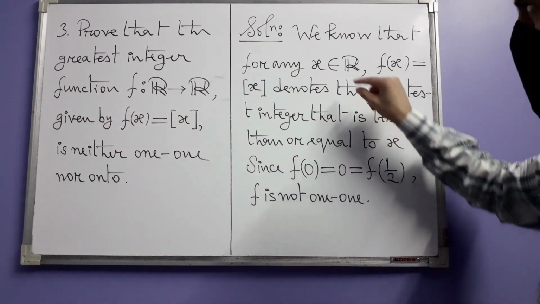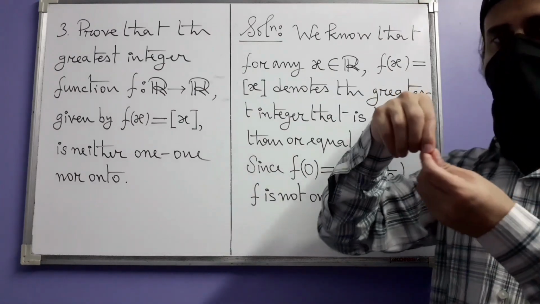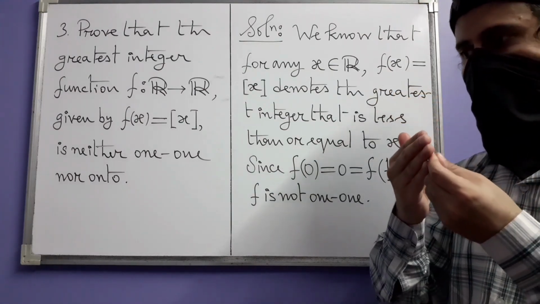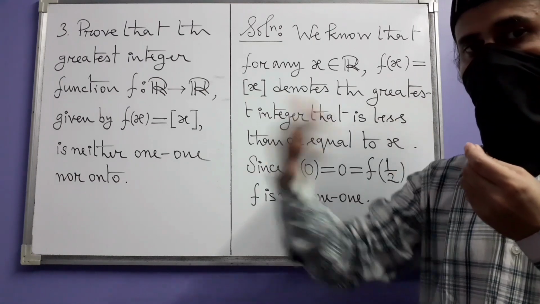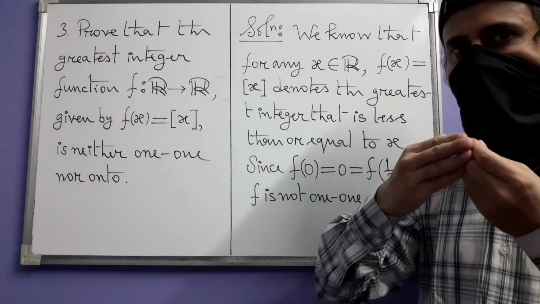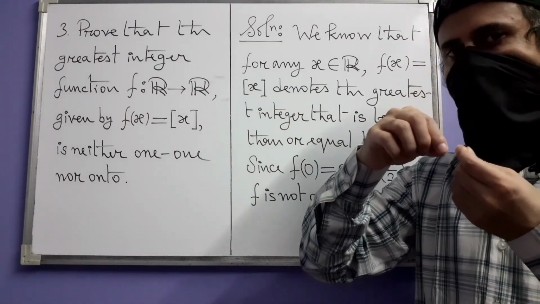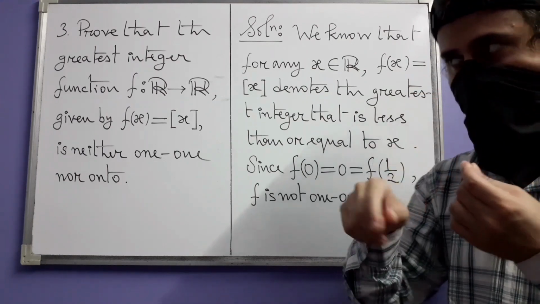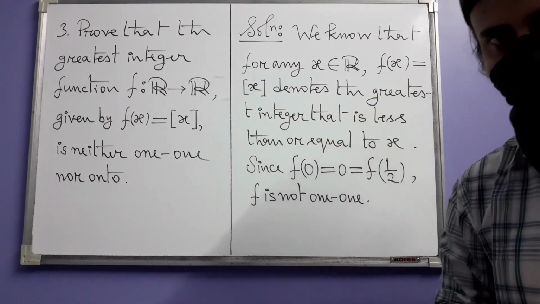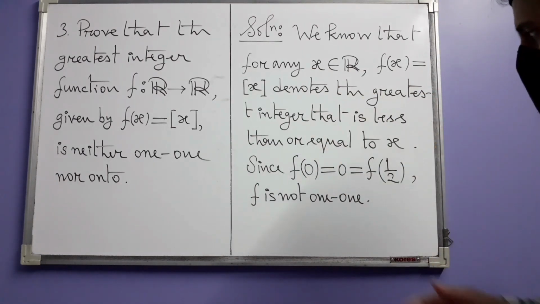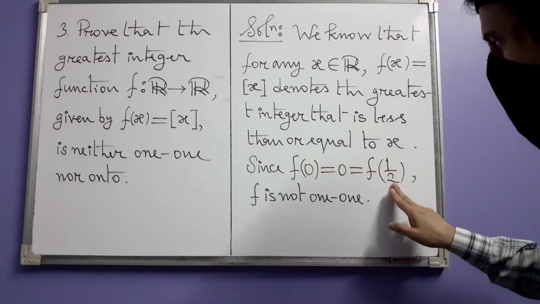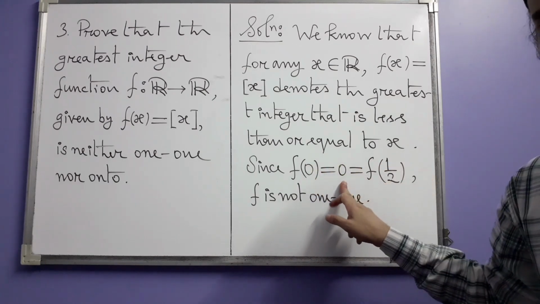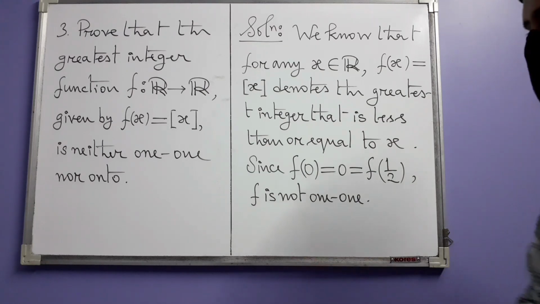You locate your input x on the number line, and then you see those integers that lie on the left side of x. There will be a greatest one among them, that is the greatest integer function value. That's it. So you see that f maps two different inputs onto the same output. So obviously it's not 1 1.